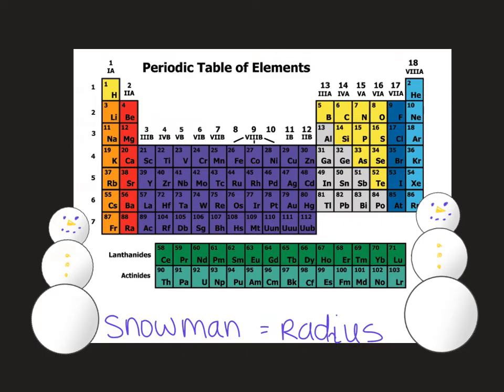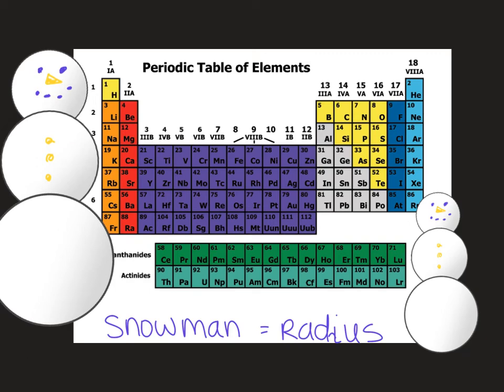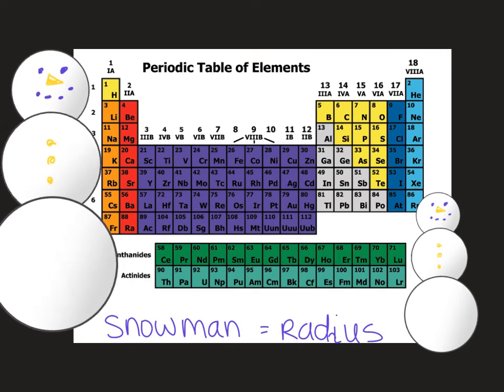One last thing that I would like to leave you guys with, because we'll continue this analogy tomorrow with your ionization energy and electronegativity, is just that with radius, you're going to be using the snowman analogy. So as you can see, I have my little snowman here. If we were to put the snowman upright, so we don't need to have anything upside down. We don't want an upside down snowman. Those aren't fun. But you can see that with the head on top, the middle, and the bottom, it goes from small, medium, large. And so that's another way that you can remember the bigger corner.